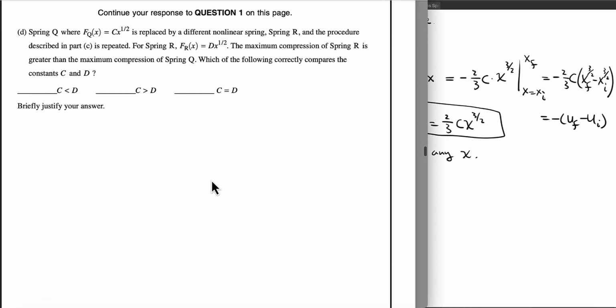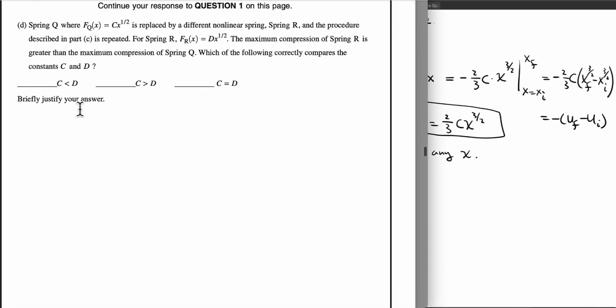All right, let's do the last part of the question. Spring Q, where Fq equals C times x to the power 1/2, is replaced by a different non-linear spring, spring R, and the procedure described in part C is repeated. So spring R, Fr equals D, a different coefficient, times x to the power 1/2.